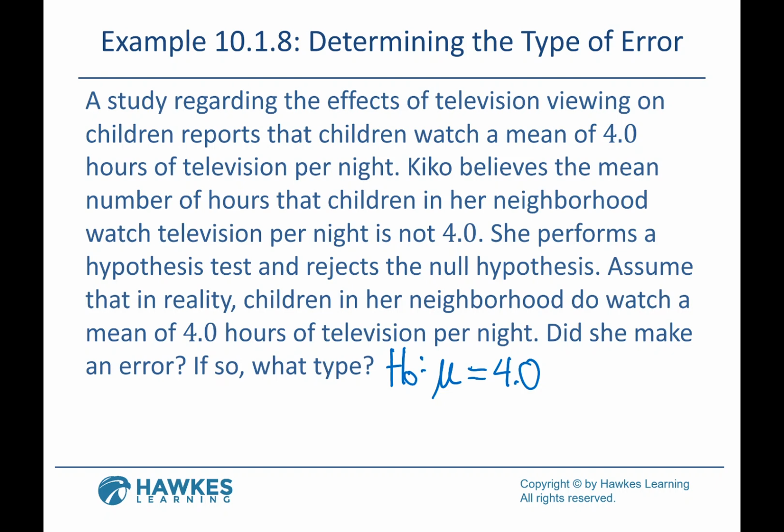Because it had the right number. But the result of our hypothesis test was to reject the null hypothesis. So if we reject a true null hypothesis, that's a type 1 error. Type 1 error.